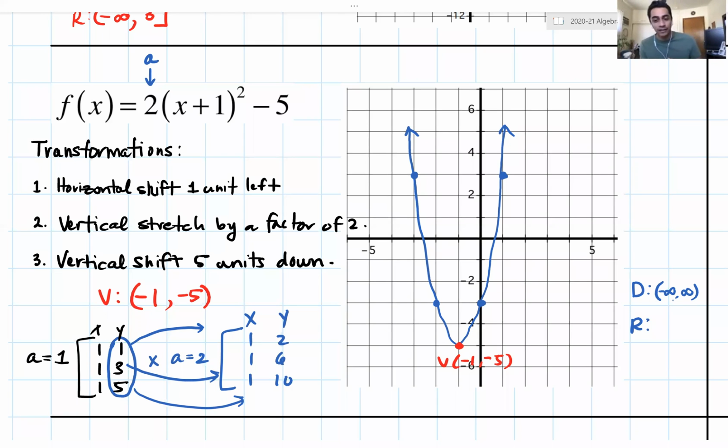The minimum in this case is -5. So at -5 is where we start the range, with a bracket around it, a filled in circle, and then it moves in the upward direction. So then we're going to positive infinity, and then we have our parentheses. So there it is. All right, any questions?